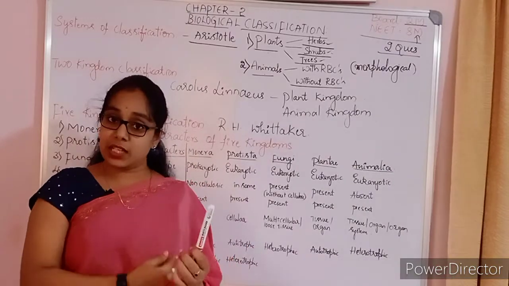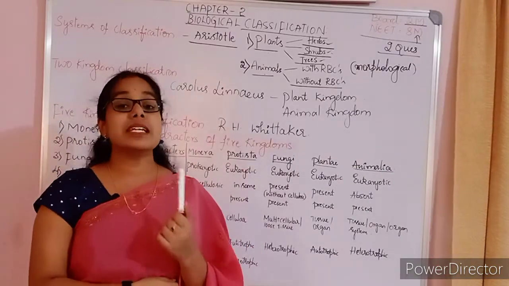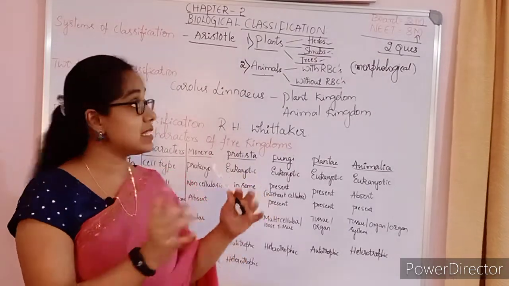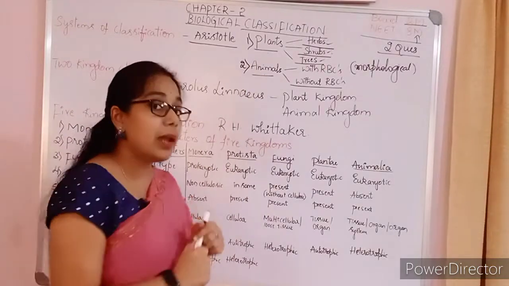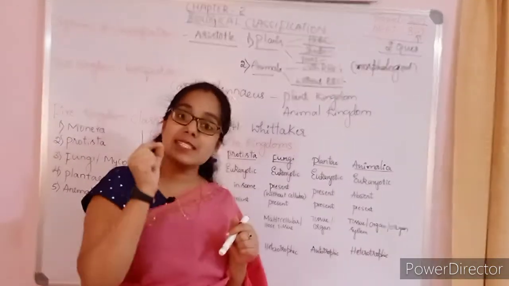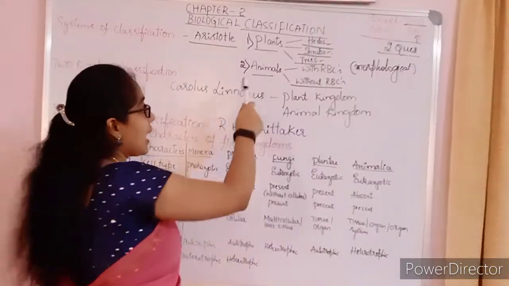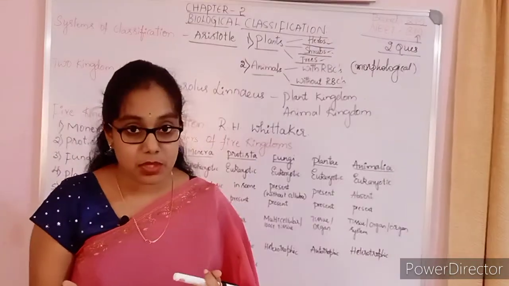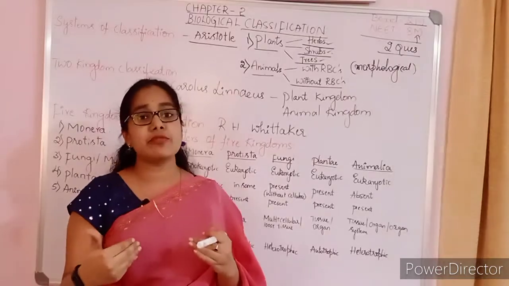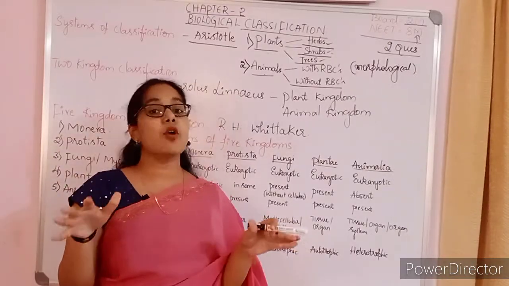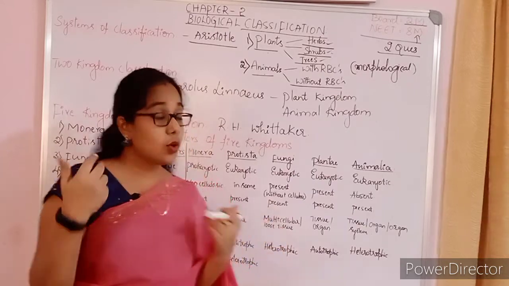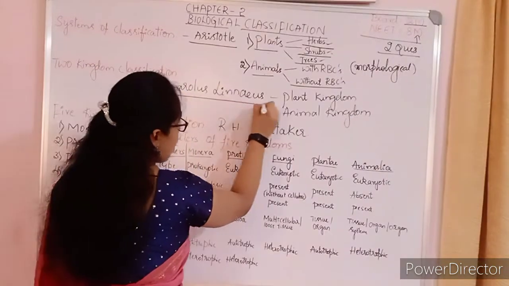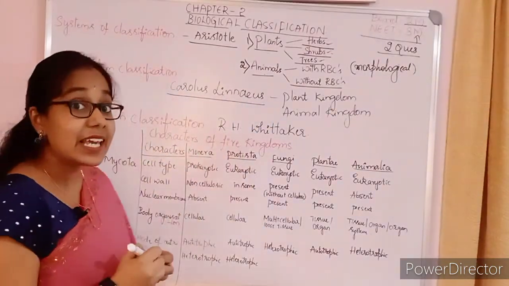The reason is that those living organisms which were placed under the category called plants also showed similar characters with the animals. For this reason it was not accepted. Also, this type of classification was purely on the morphological characters, so it was rejected. The next taxonomist is Carolus Linnaeus.